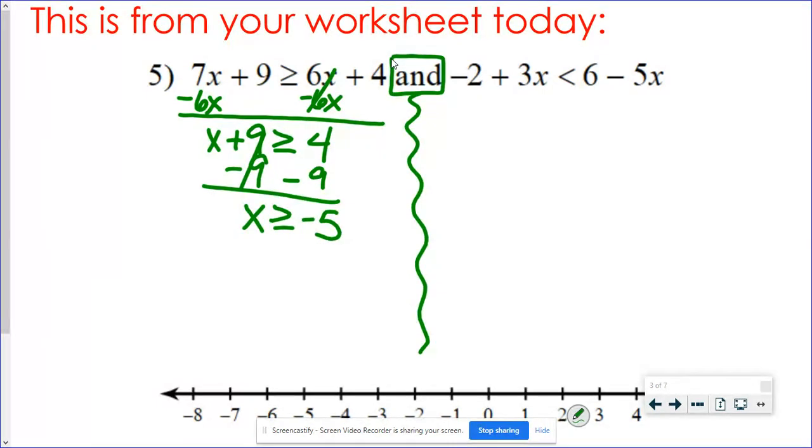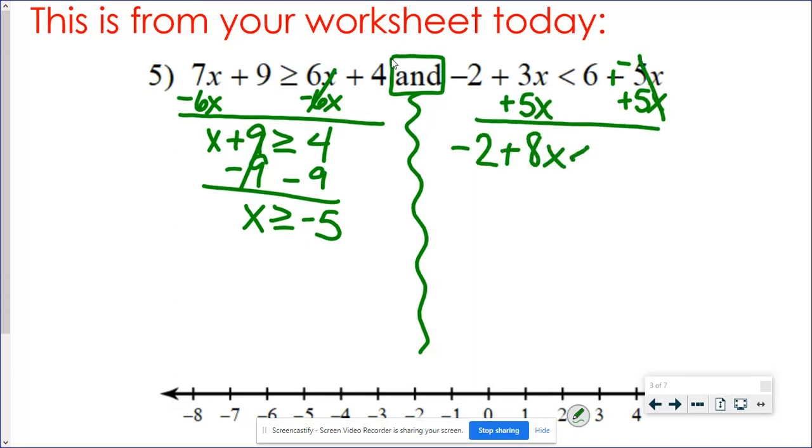In the right problem, when I ask which variable is smaller, be careful because I have a 3x and I have a negative 5x. So I would want to change that so I can see that's actually a negative 5. I would add 5x. That's the smaller variable. That's the one that I want to get rid of. So I have negative 2 plus 8x is less than 6. So then we'll get rid of our 2.